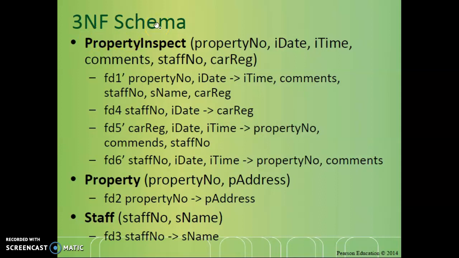So to remove that problem, we need to convert this into BCNF. That means make sure all the determinants are candidate keys. In FD4 we identified that staff number, IDate is not a candidate key. Why is it not a candidate key?